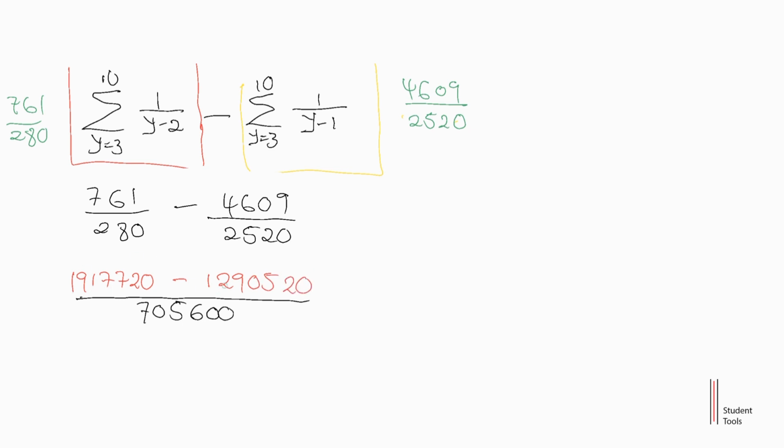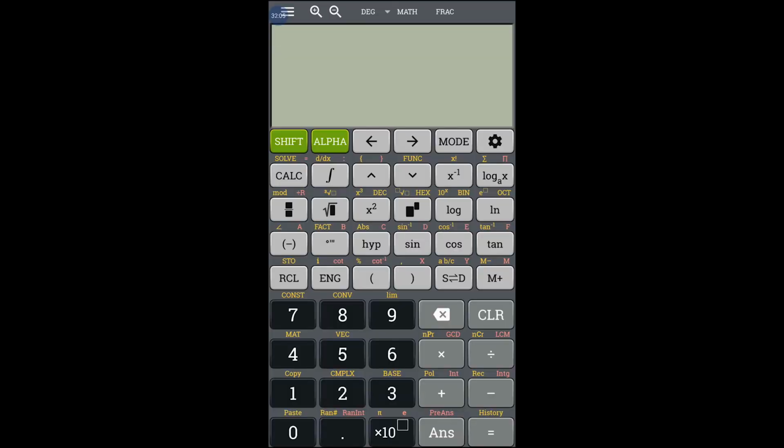So let us sort this out. 1,917,720 minus 1,290,520. That is 627,200.